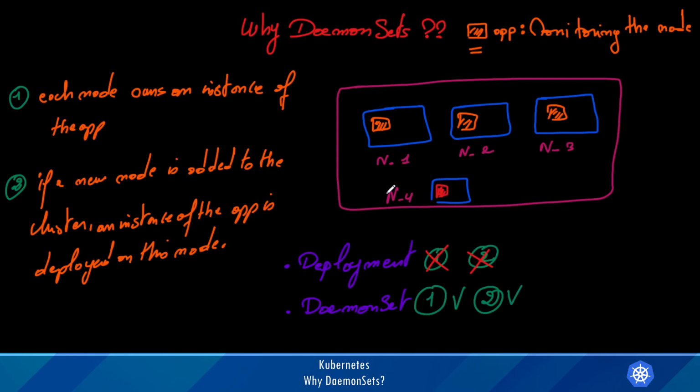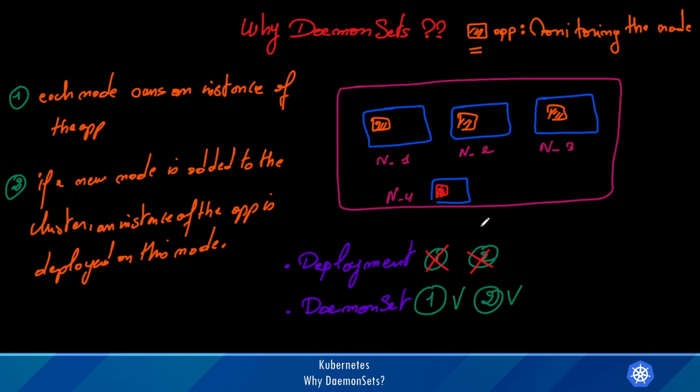So the purpose of using DaemonSets in Kubernetes is to make sure that each node runs an instance of a specific app. And if a new node is added to the cluster, the DaemonSet will notice that a new node is added to the Kubernetes cluster and it will create a copy of the app on this node.